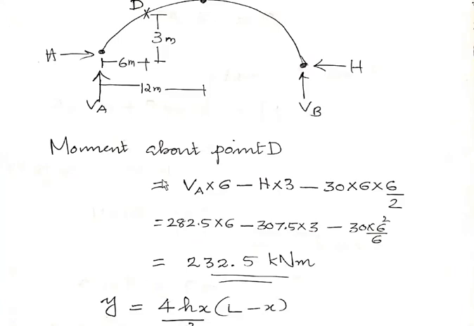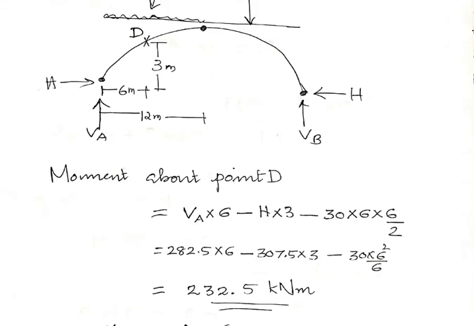So just substitute the values of VA, H, and here you get the moment about this point D. So that is the first thing asked in the question: moment about point D.